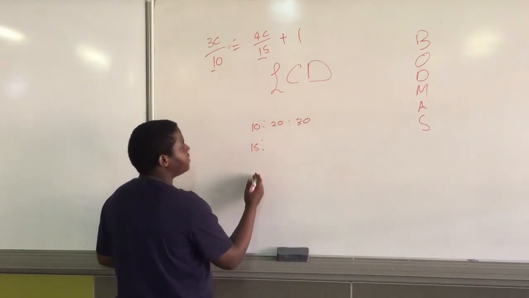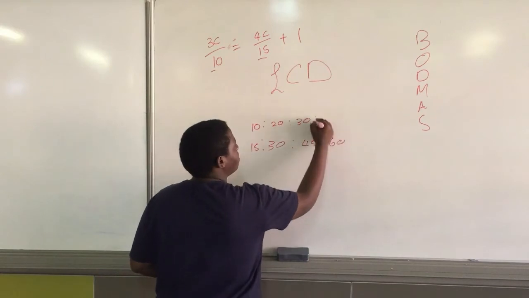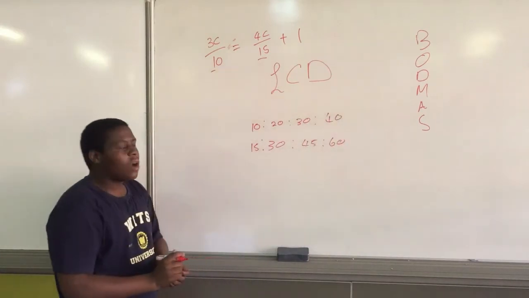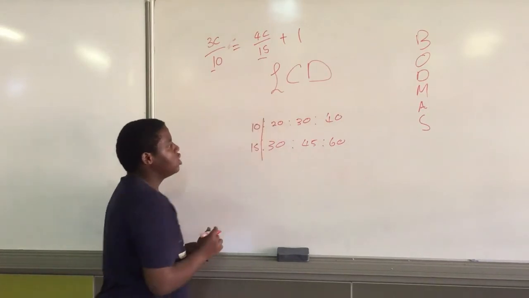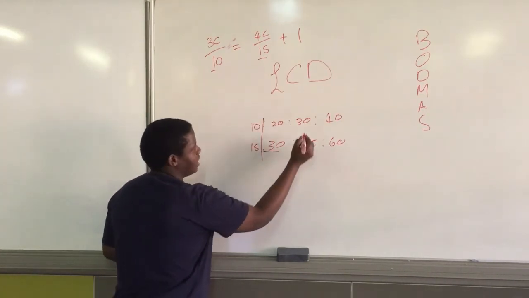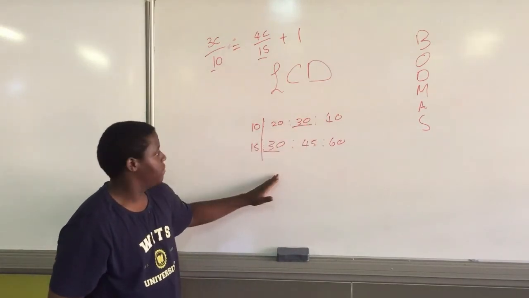And here we'll have 15, 30, 45, 60. So now when you look at these multiples of these numbers, you can see that 30 is here and it's here. And these are the lowest common multiples.